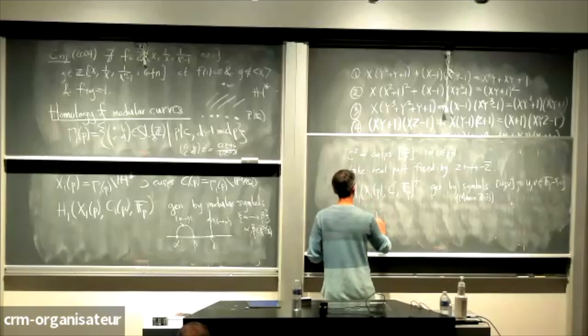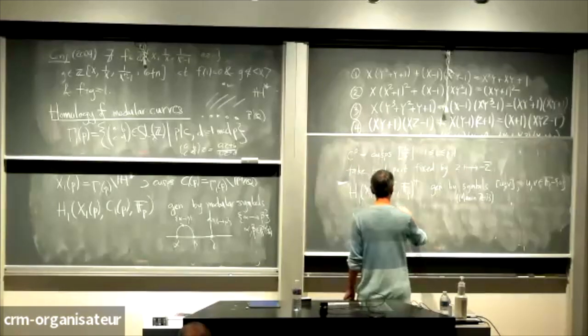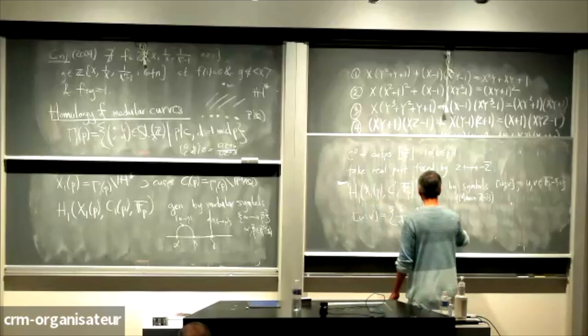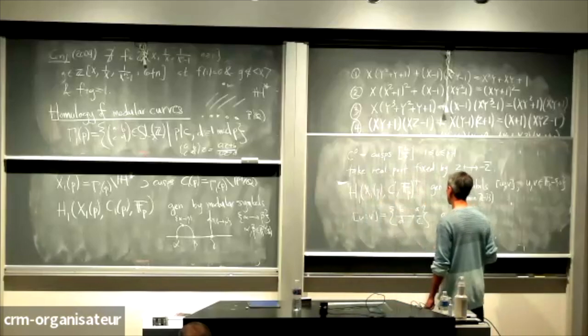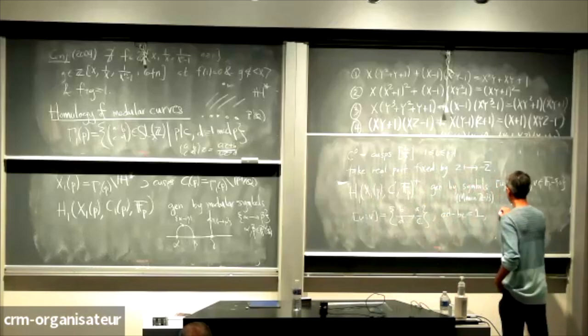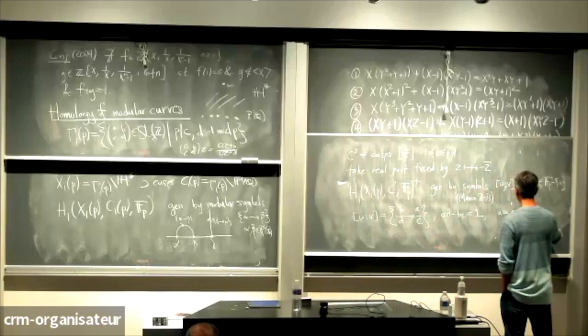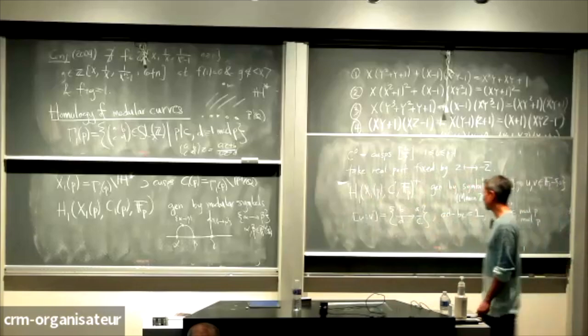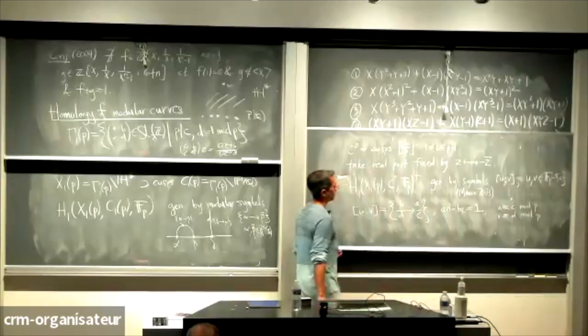UV is the class of the path from B over D to A over C, where A, B, C, D are integers such that AD minus BC equals 1, and U is congruent to C mod P, V is congruent to D mod P. They're the reductions of C and D mod P. You can always find such a thing.